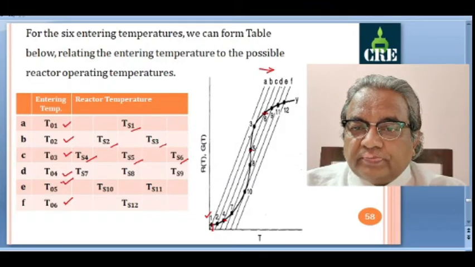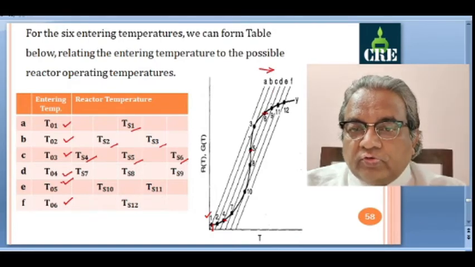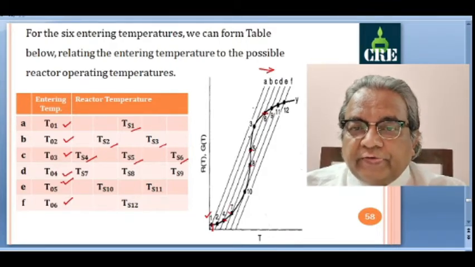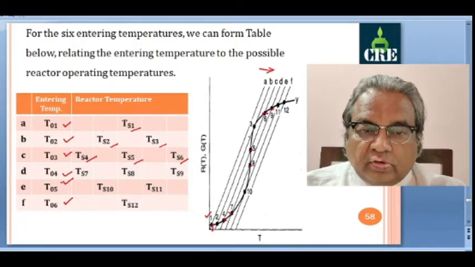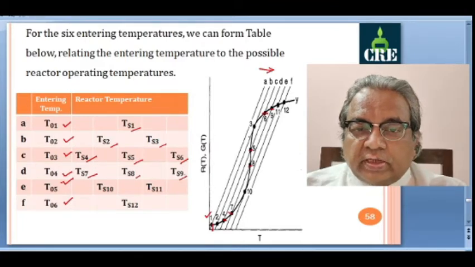Further, if you proceed at some increased value of T0, that is T04, corresponding to this D, here also we have 7, 8 and 9, 3 steady states. So again Ts7, Ts8 and Ts9.